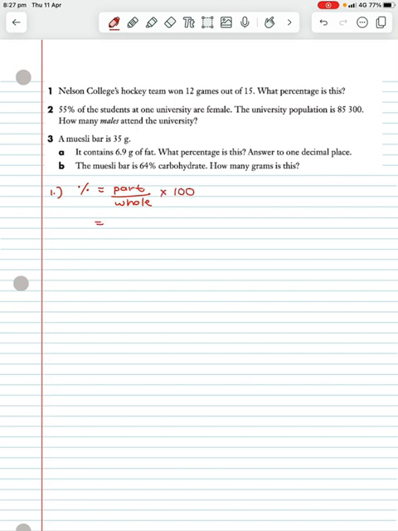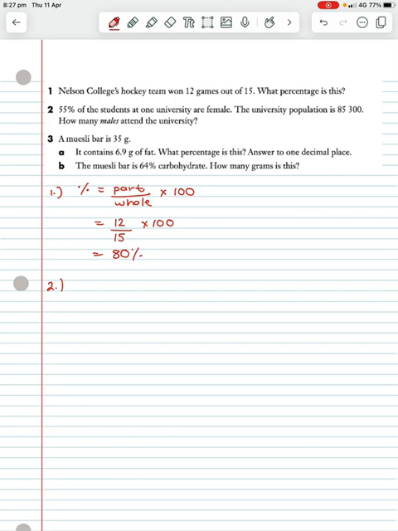Our part is the 12 games won, divided by our whole, a total of 15, then multiplied by 100. When I put 12 divided by 15, multiplied by 100 into my calculator, that gives us 80%. And that's it for question 1.